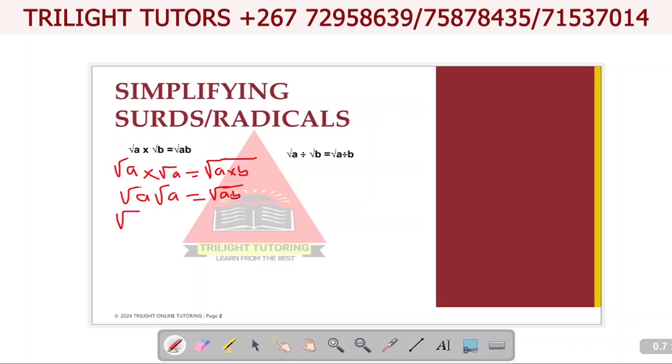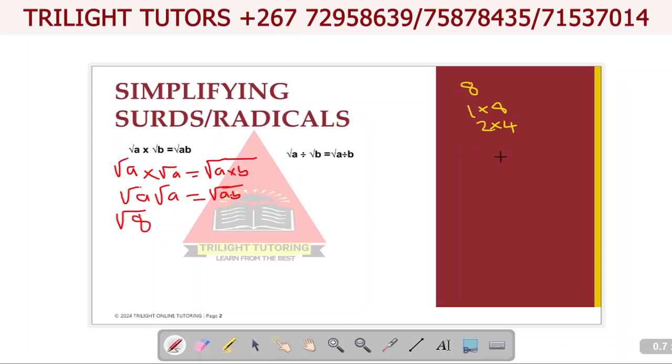Let's say you are asked to simplify the square root of 8, right? We are going to look at the number 8 and at the factors of 8. We know that 1 times 8 is 8, 2 times 4 is 8, and then 4 times 2 is 8, and 8 times 1 is 8. Now, from the factors of 8, we want the factor that is a perfect square.